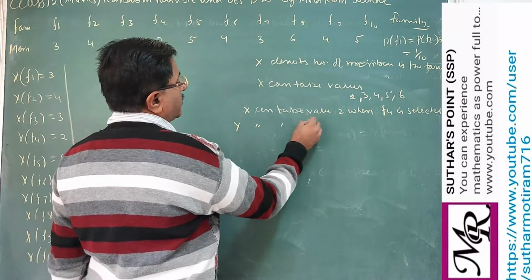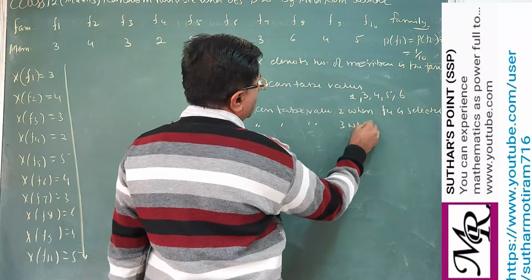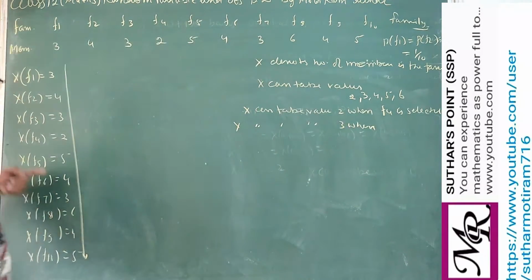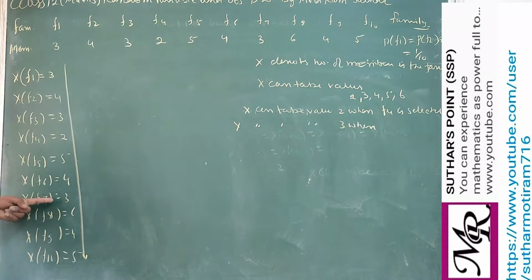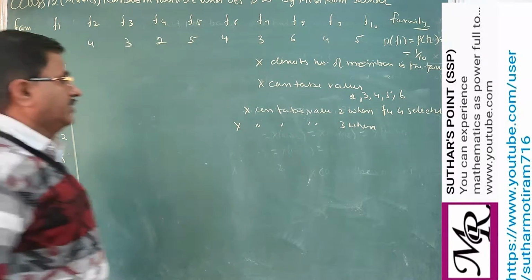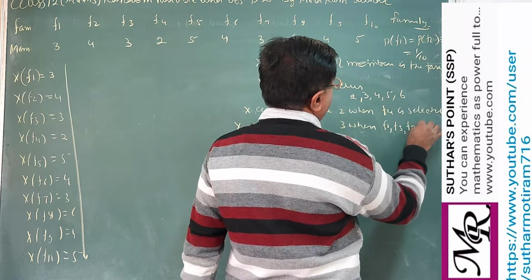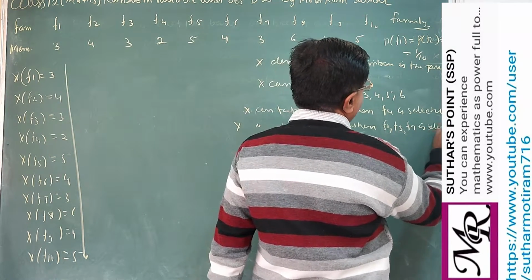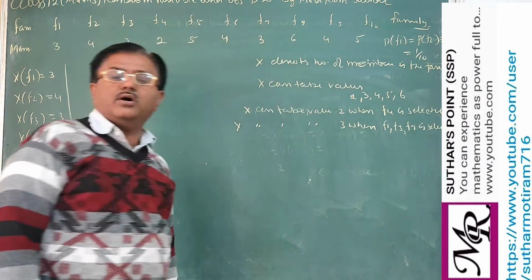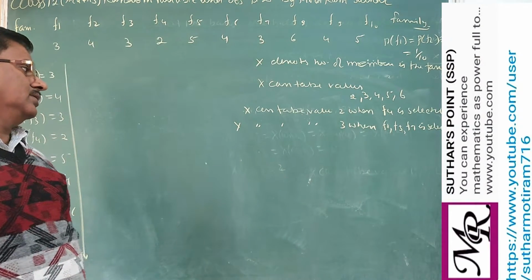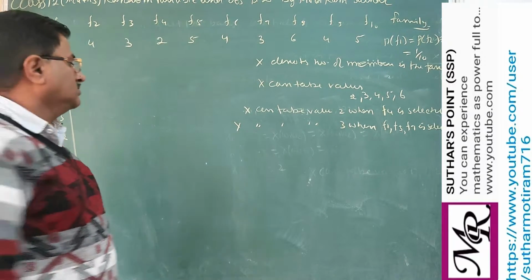X can take value 3. When will the value of x be 3? When F1, F3 or F7 is selected. If we select F1, F3, F7, then X takes the value 3.